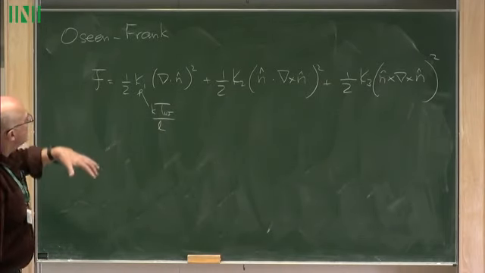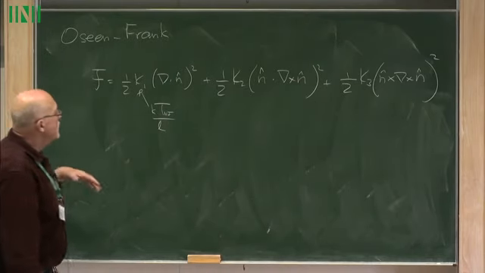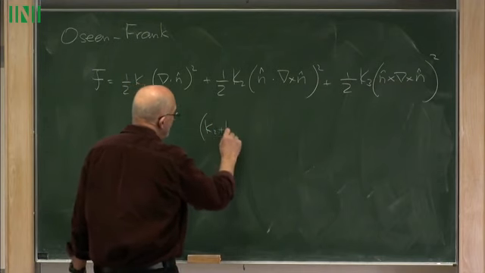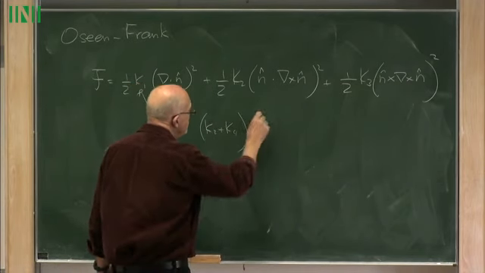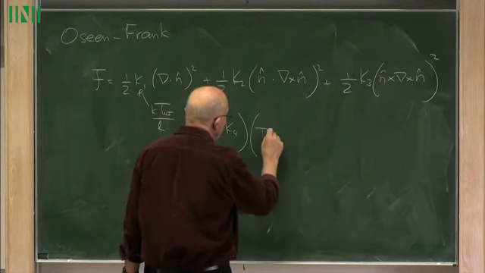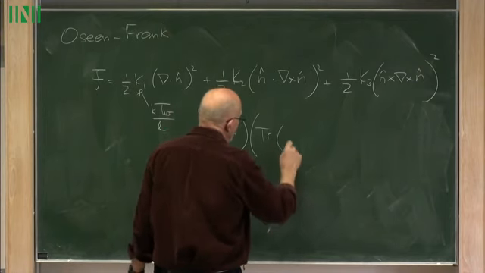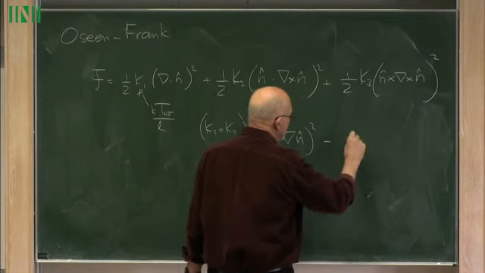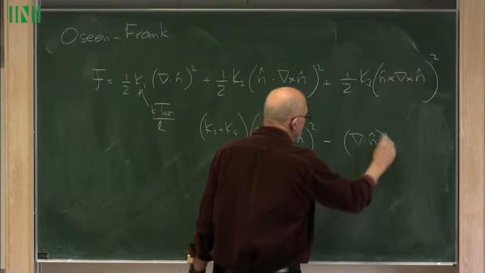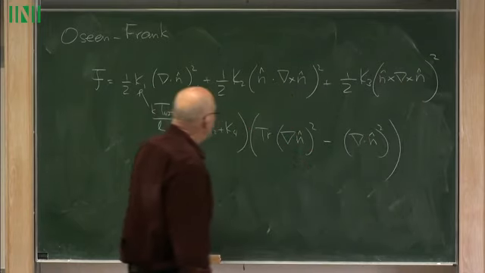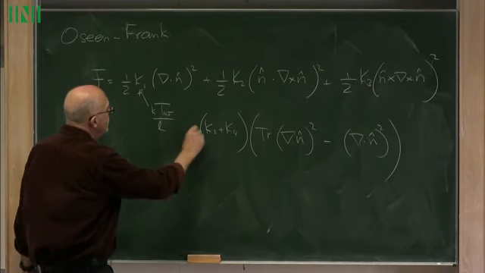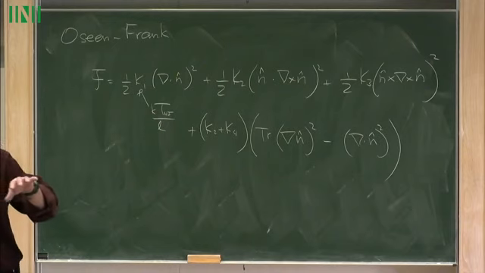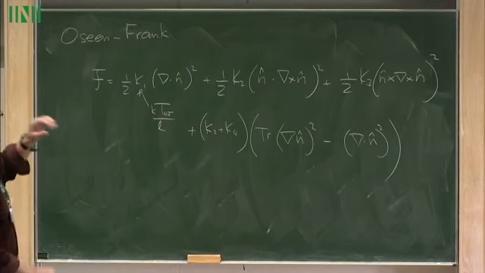Now, in addition to this, there's a null Lagrangian, so that would be K2 plus K4 times two terms, which is the trace of grad n squared minus (del dot n) squared. But this, even though it looks like a bulk term, is really a surface term, so if surface boundary conditions are fixed, then this doesn't contribute.